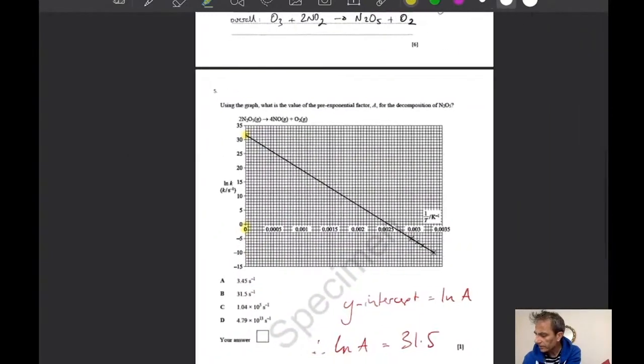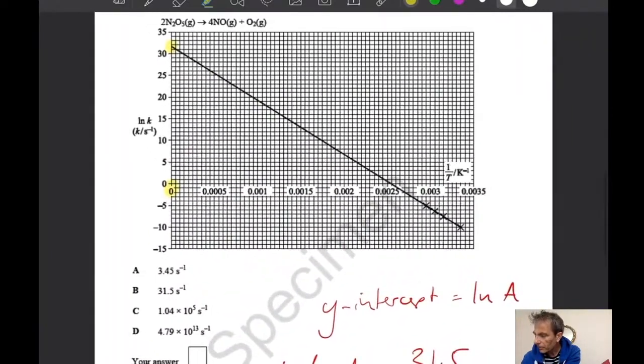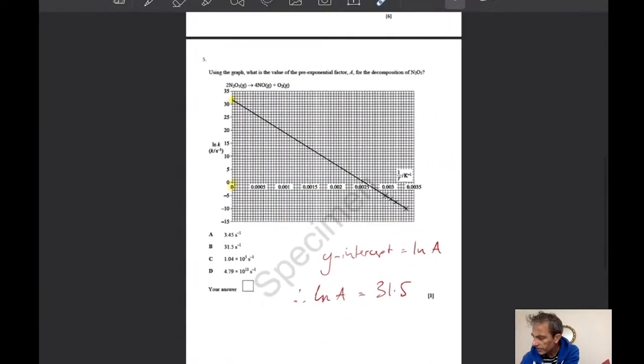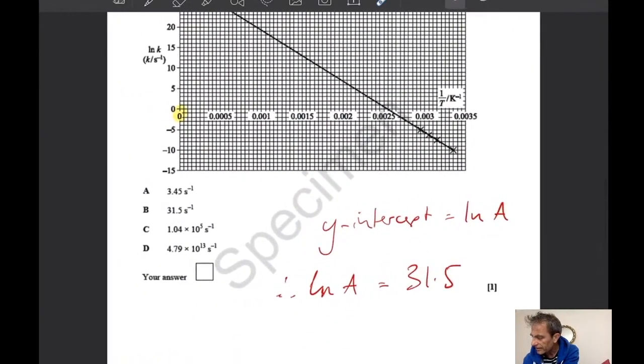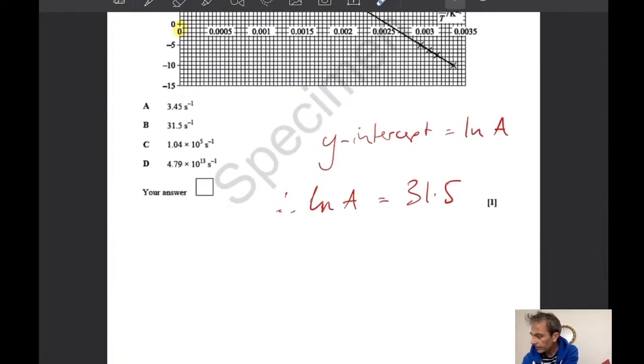31.5. Okay. Now you'll notice that they're playing with your minds a little bit. There's an option of 31.5 as an answer, but remember that's the ln of A is 31.5. We want what A is, not the ln of A. So therefore, how do you work out what A is?